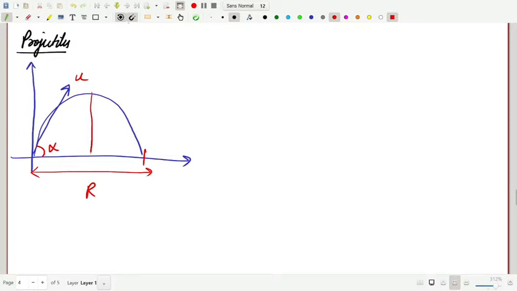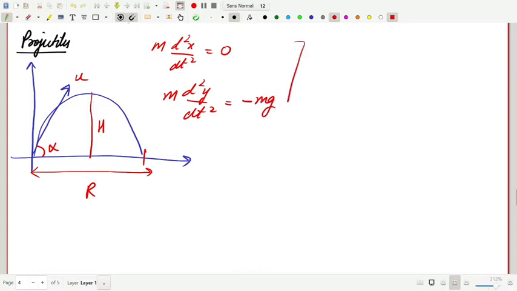Greatest height attained is h. First, we see that m d square x over dt square is 0, and in the vertical direction, it is moving under gravity: m d square y over dt square is equal to minus mg.